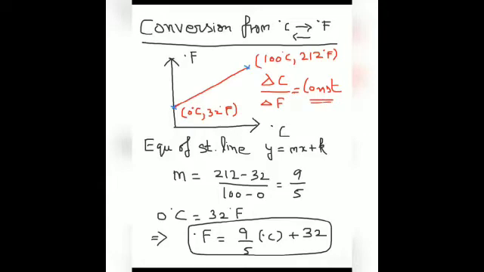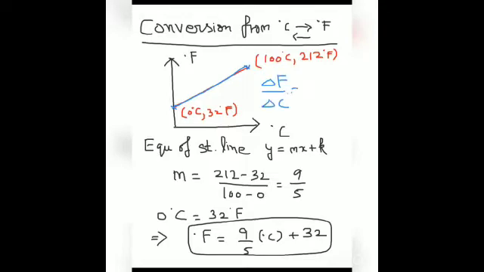For a given change in temperature, the ratio of change in the Fahrenheit scale to the change in the Celsius scale is constant. So, delta F by delta C is a constant, is it not? So, we can draw a graph to find out the relation.